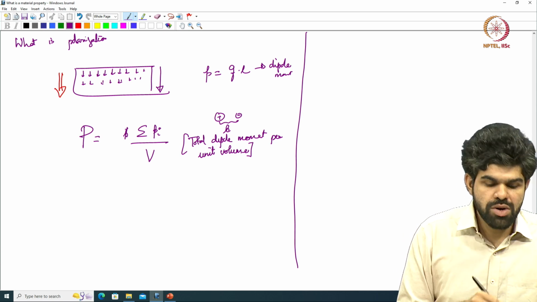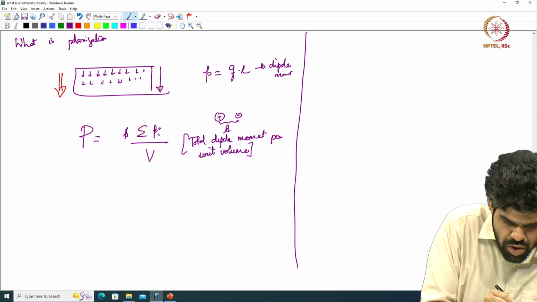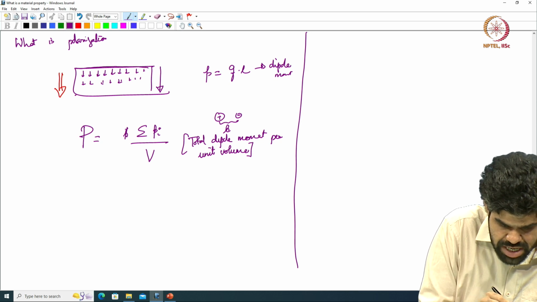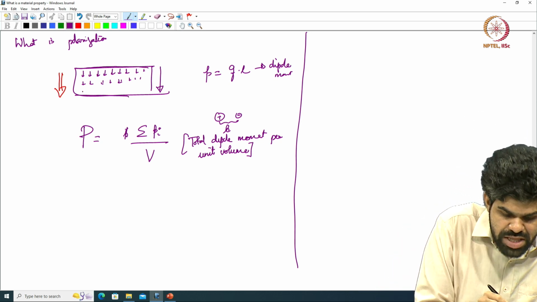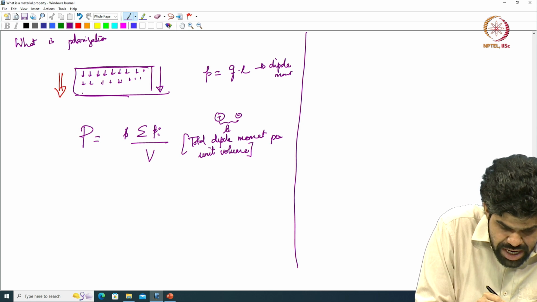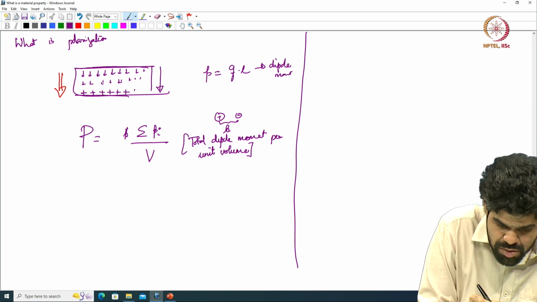Essentially, I am polarizing the material by applying an electric field, and on the surfaces of the material I am creating charges. This dipole moment should end somewhere.